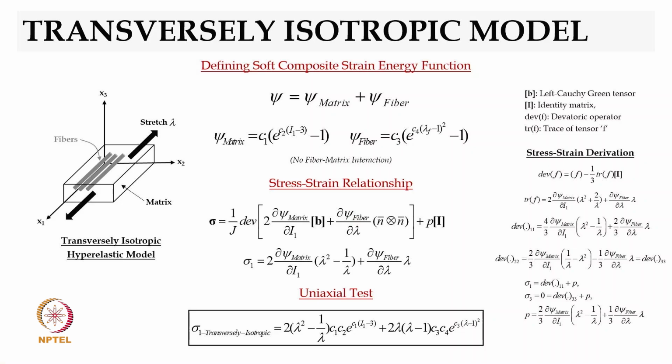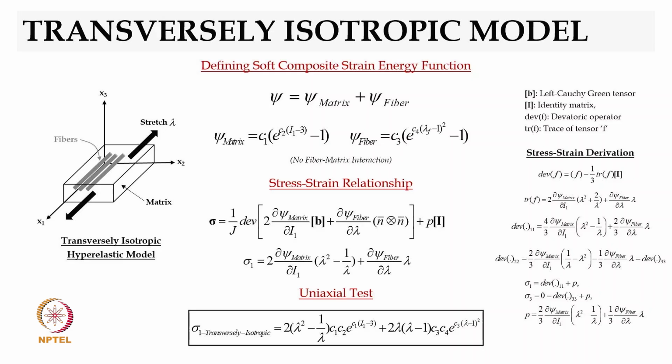Let's look at the figure on the left. You are looking at the same figure which we looked at in the last slide, which was much simpler because we did not have the fibers. Now we have the fibers. The majority of the soft tissues, as we know, have fibers.